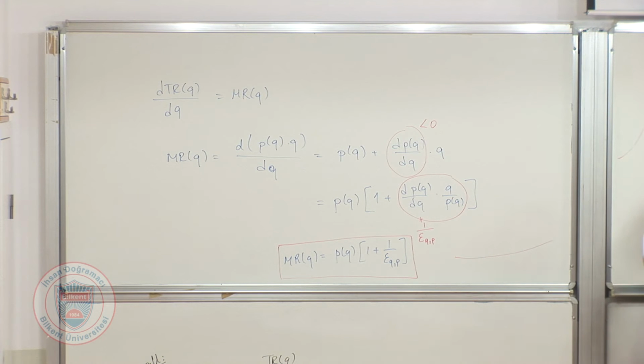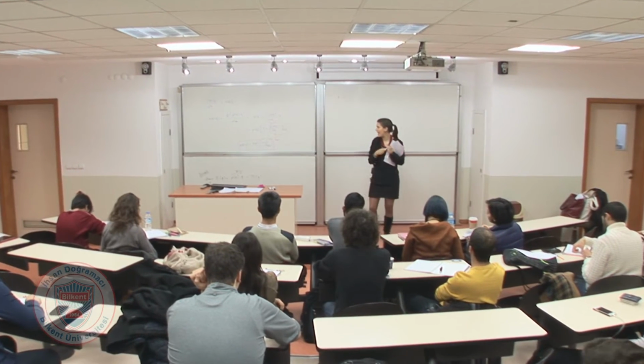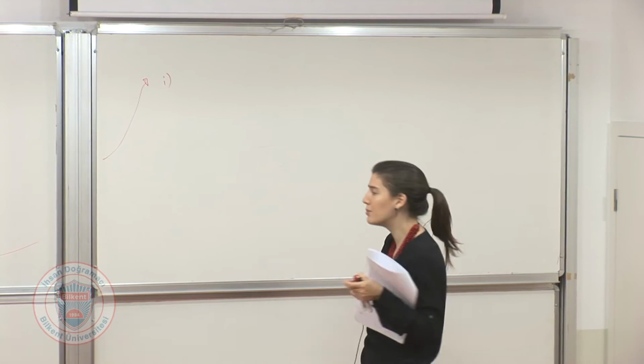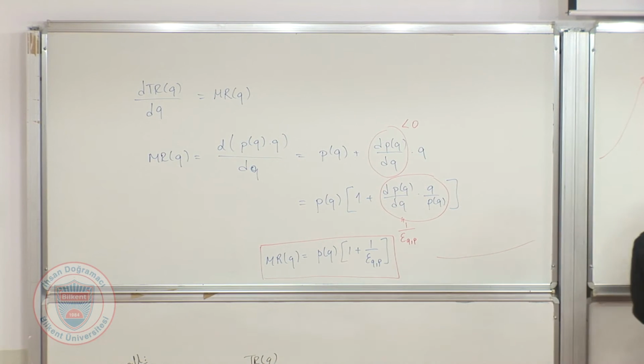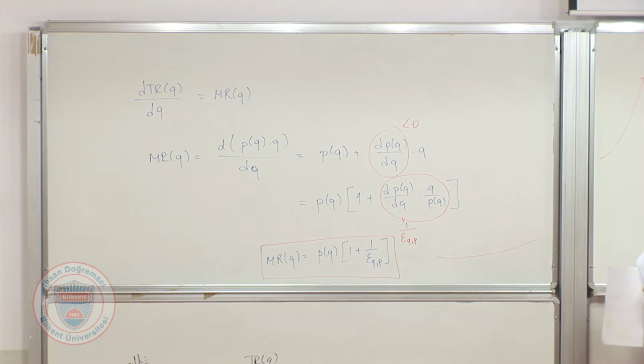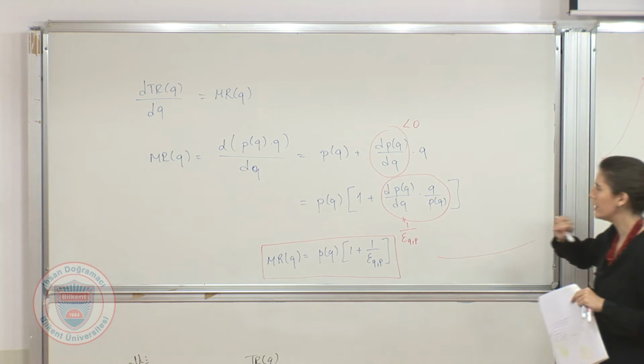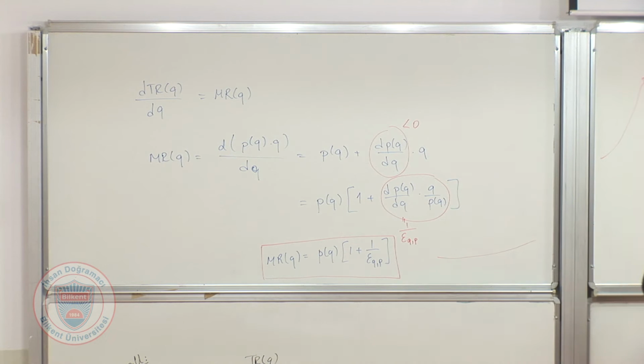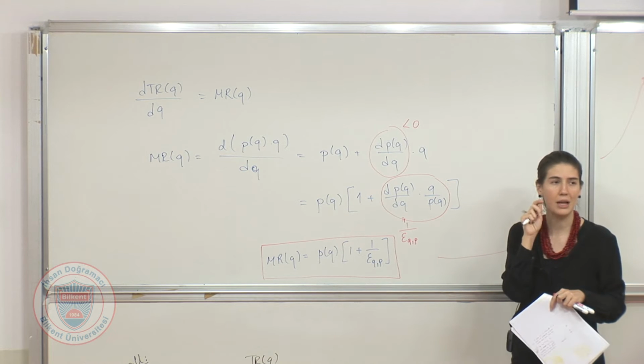What's going on? Suppose I have elastic demand. But let me ask you this: if the firm is a price taker, what does that mean?